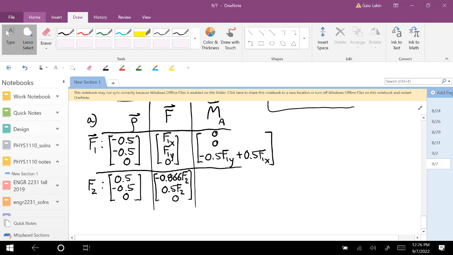And now we take the cross product. X and Y are zeros. The Z component is 0.25 F2 minus 0.433 F2.